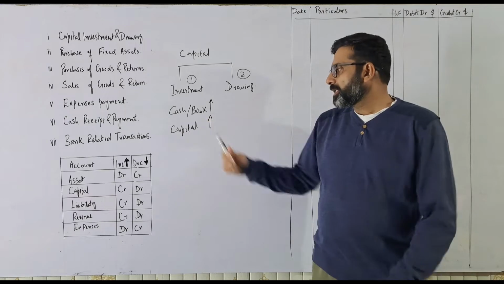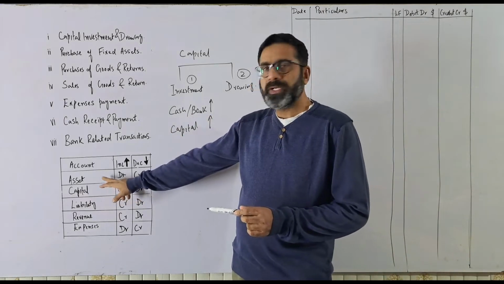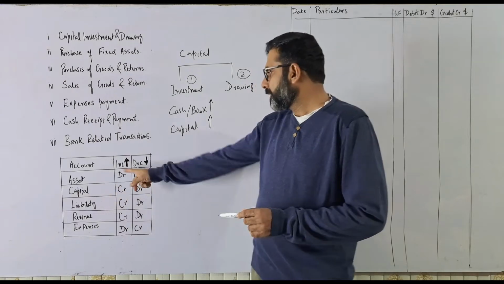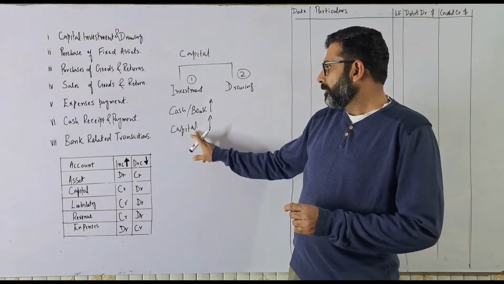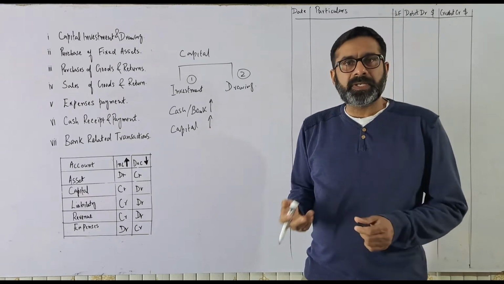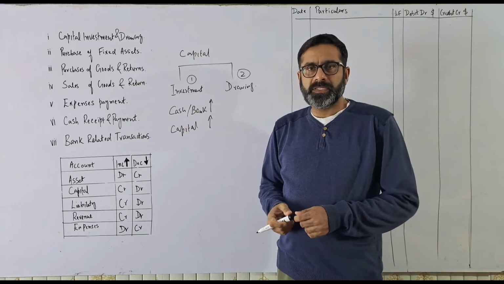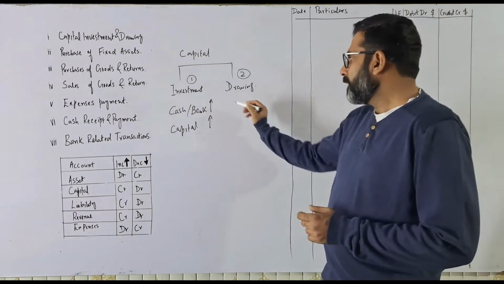As we discussed earlier, cash and bank are both assets. So the asset is increasing, and the capital of the business is also increasing.